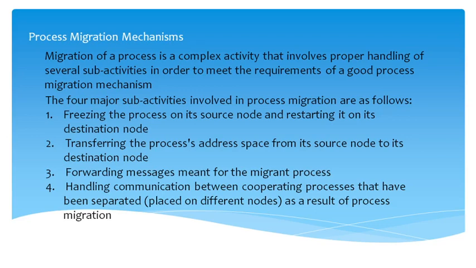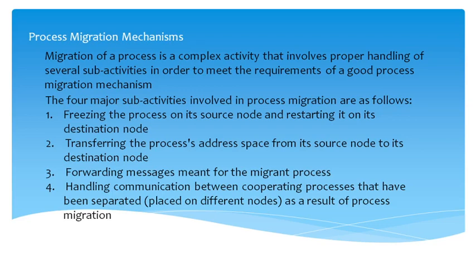First, freezing the process on its source node and restarting it on its destination node. We need to stop or suspend the execution on the source node, the originating node, and after transferring we need to restart it on its destination node.